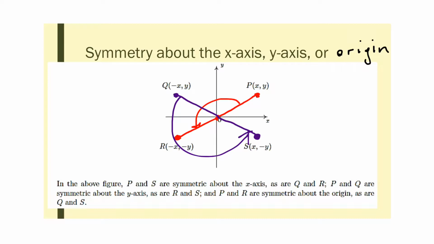If this is the point (x, y), the point which is symmetric to it about the origin would be (negative x, negative y). So if this was (3, 5), this would be (negative 3, negative 5). Over here, if this was (negative 3, 5), this one would be (positive 3, negative 5).